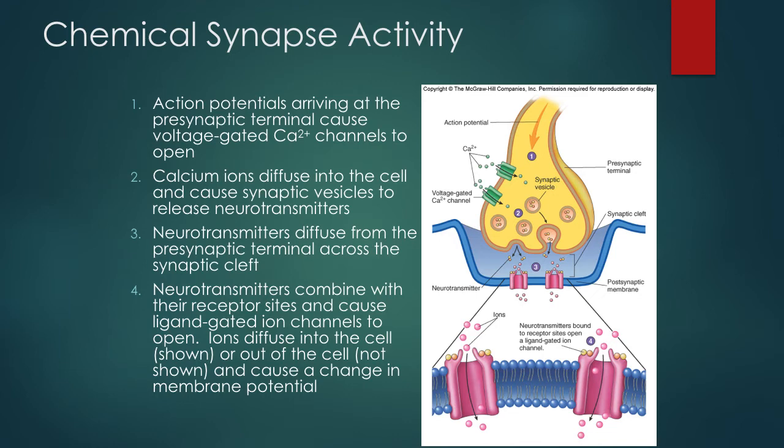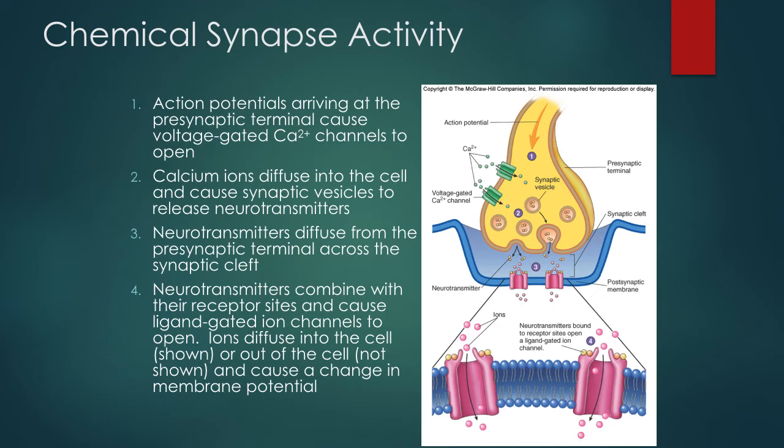The neurotransmitter then enters the cleft, and by diffusion, the cleft is a very short distance, it'll cross that, and it'll be attracted to the charge and the shape of the receptor molecule. When it hits that receptor molecule, it temporarily binds, causing the ion channel to open.